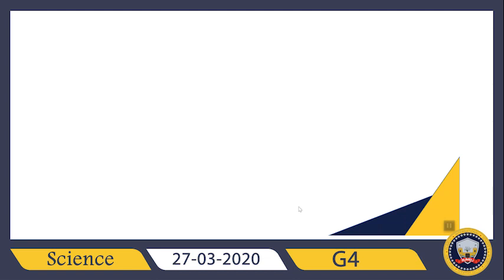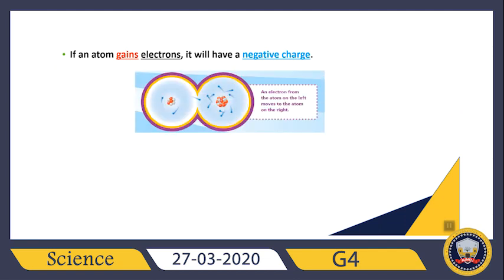Let's see an example. In this picture, we have 9 electrons and 9 protons, as we said in the previous picture. But what if an electron escaped from the atom on the left side, going to the right one?